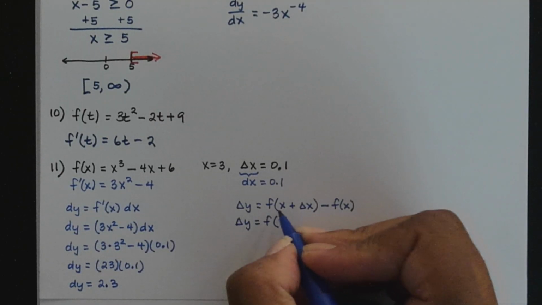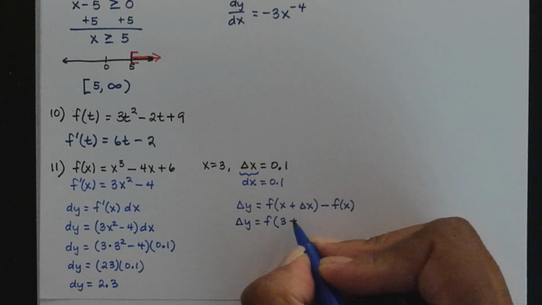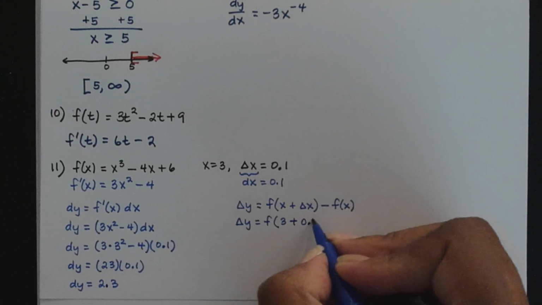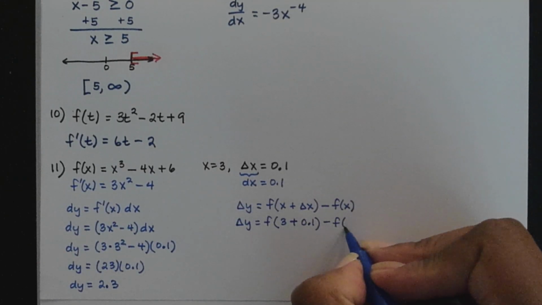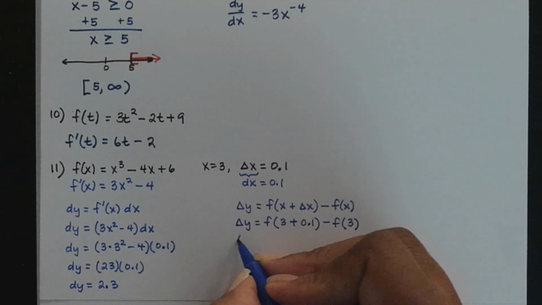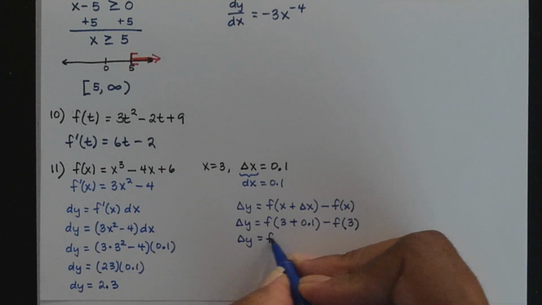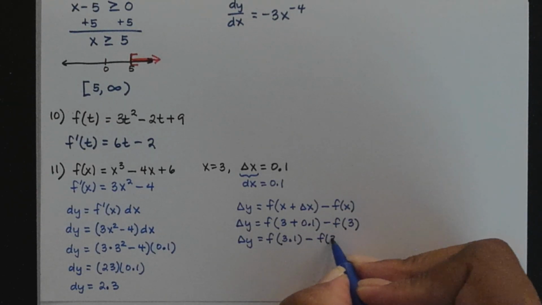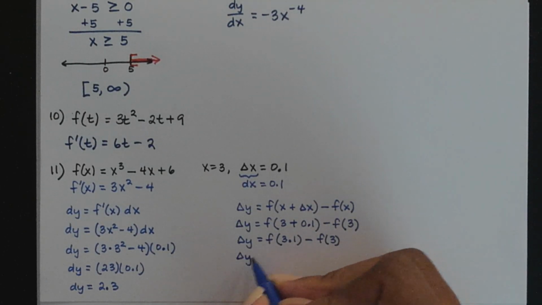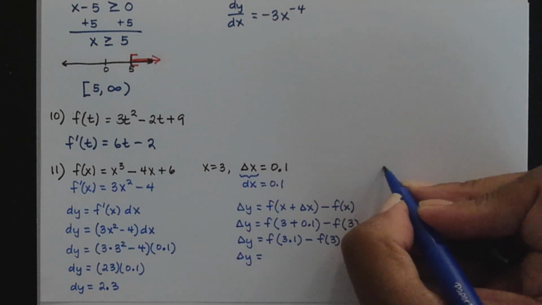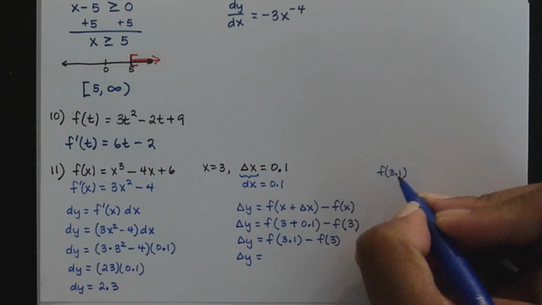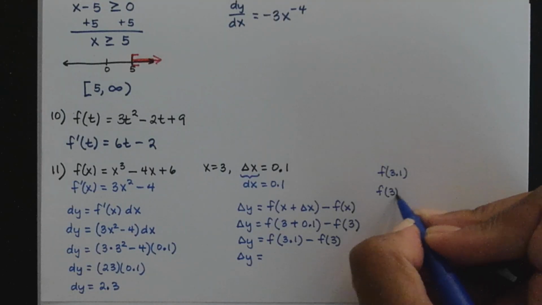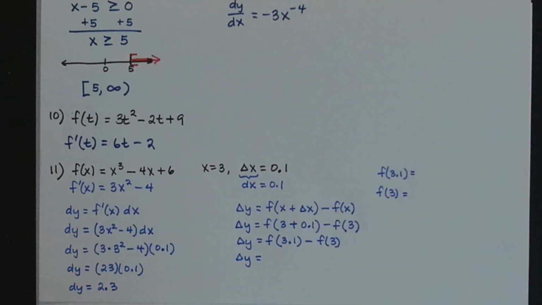We have f of x, which is 3, plus delta x, that's 0.1, minus f of x, which is 3. So I'm going to do 3 plus 0.1, or 3.1, minus f of 3. Now here we're going to have to find out what f of 3.1 is and what f of 3 is, using our original function f of x equal to x cubed minus 4x plus 6.